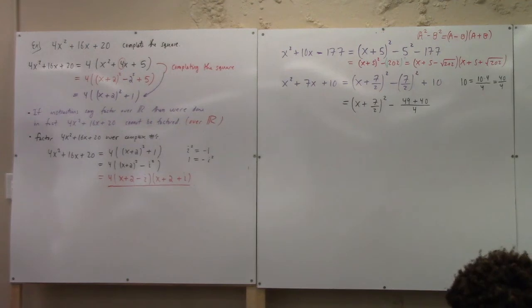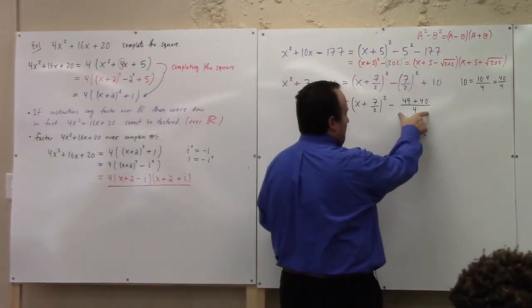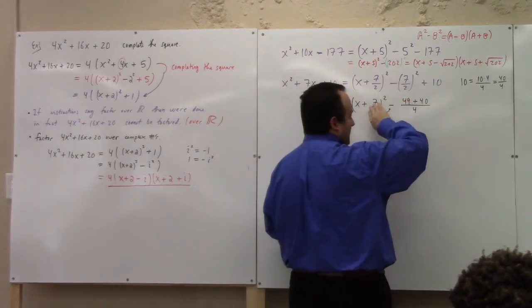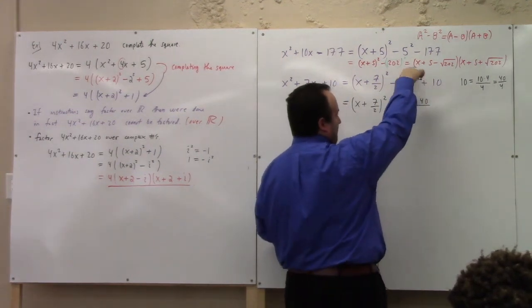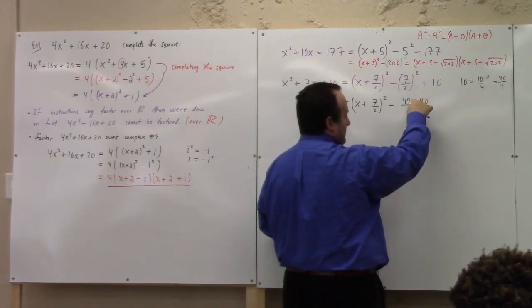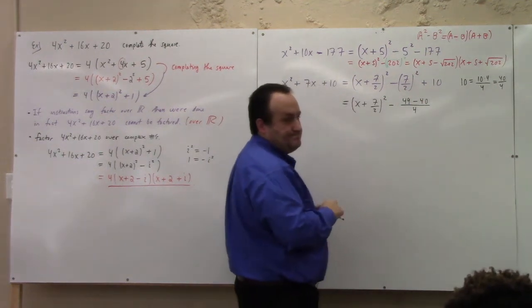When we write a common fraction like that, we have to distribute the minus through the whole thing, right? So if I write this, I'm saying that I don't have a 10 up here, I have a minus 10. If you distribute this through, you get this 49 over 4 term. So I can't put plus 40 there. I must put minus 40 because I've got a plus 10 here. Okay?